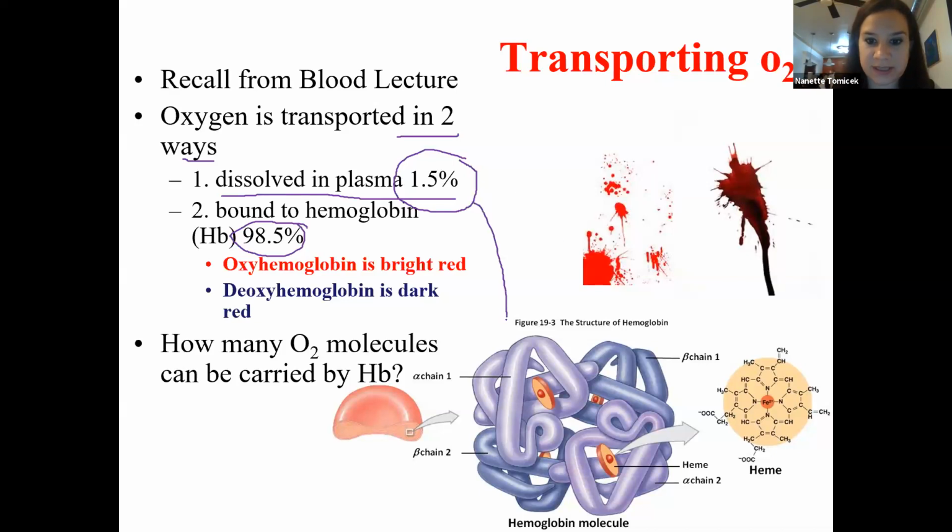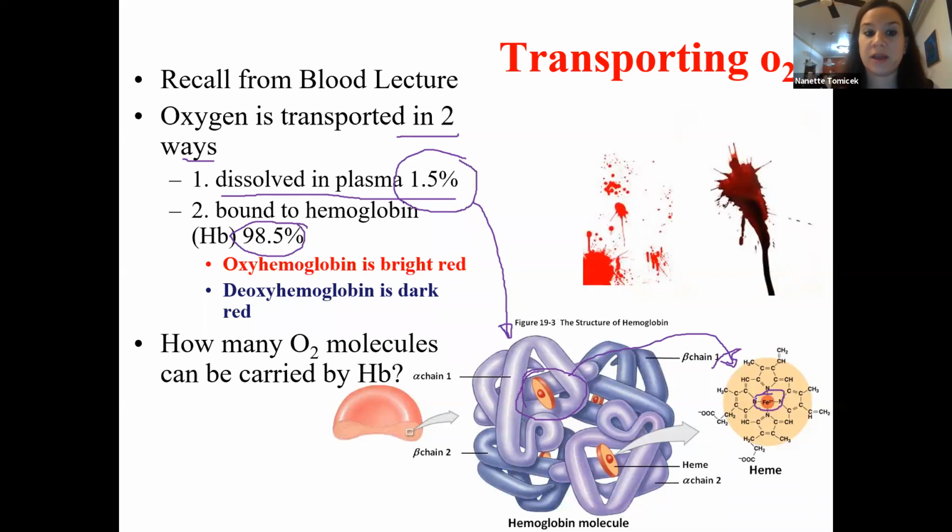So you remember this thing, right? Its quaternary structure has 4 chains. Each chain contains a heme molecule, this little pizza thing with a cherry on top. And in the dead center of that heme molecule, there's a central iron atom. That central iron atom is responsible for binding a single O2 molecule.